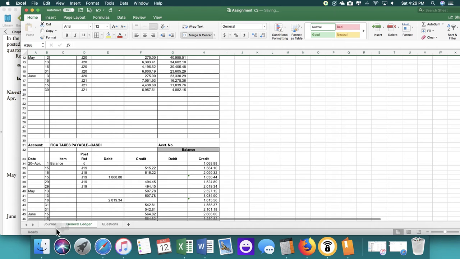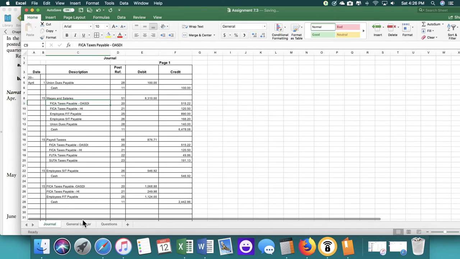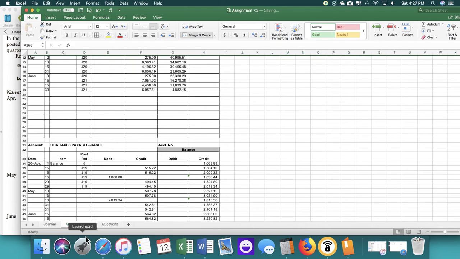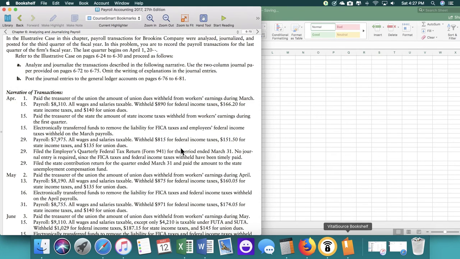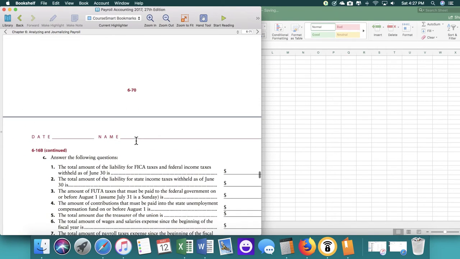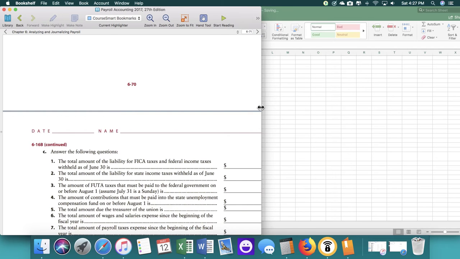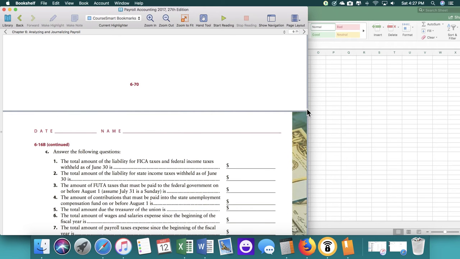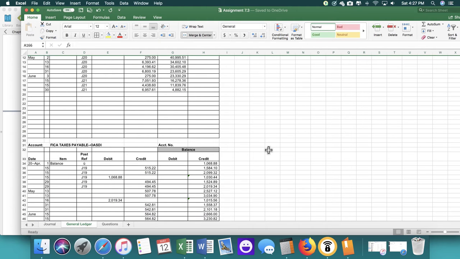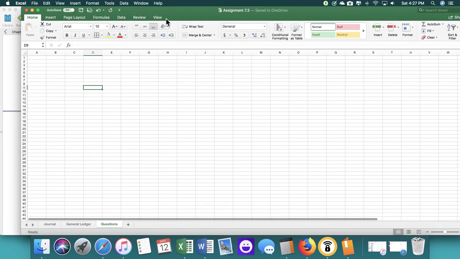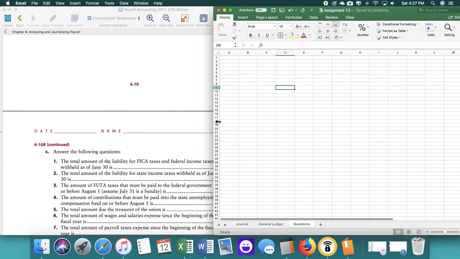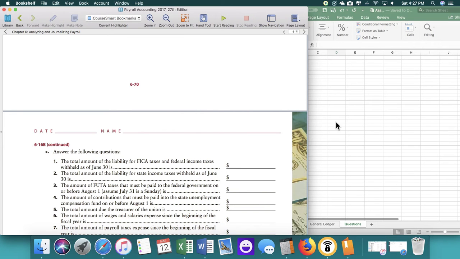Okay, so now we have the general journal and the general ledger complete. We can answer the questions on C. So basically you can do this one of two ways. You can create a Word document and do it separately, or you can just use the questions tab that I have built into Excel.